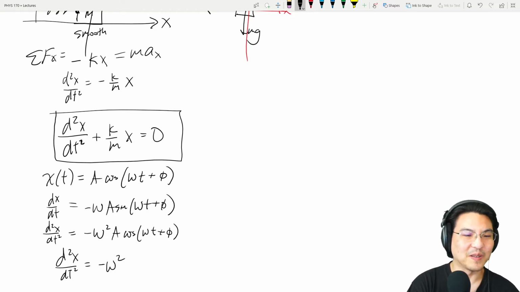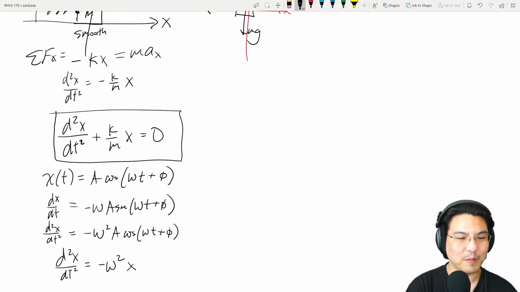minus omega squared, this is x. Right? And if I move this on the other side of the equation, then it looks like this. And then take a look. See here? See here?